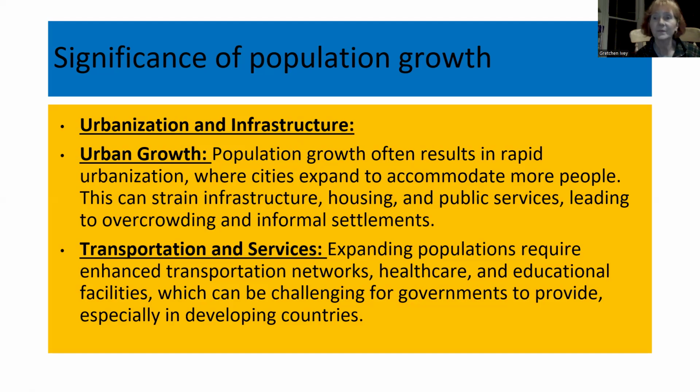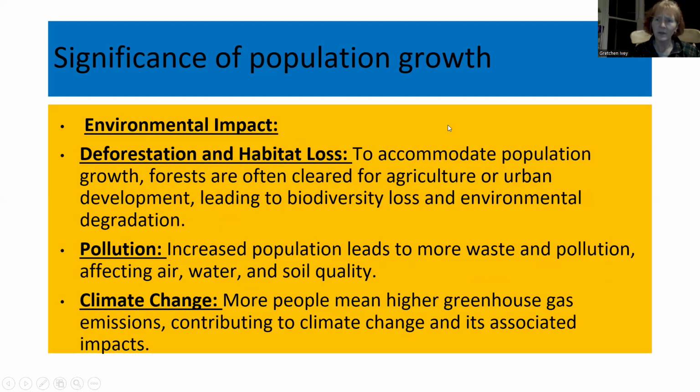Now, the environmental impact. Deforestation and habitat loss. To accommodate population growth, forests are often cleared for agriculture or urban development, leading to biodiversity loss and environmental degradation. Pollution. Increased population leads to more waste and pollution, affecting air, water, and soil quality.